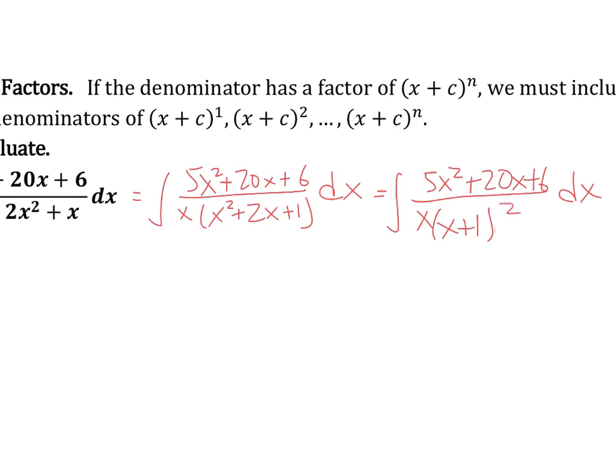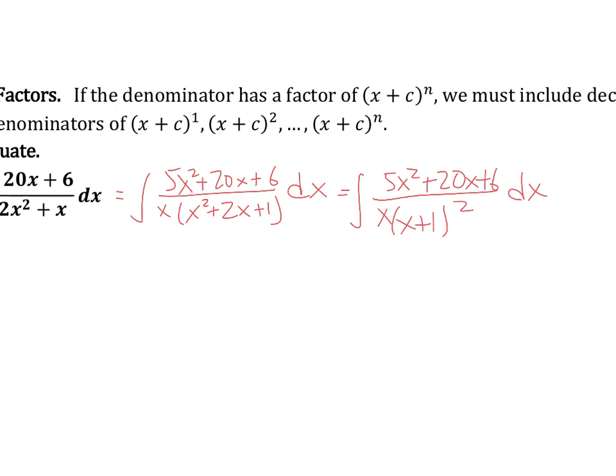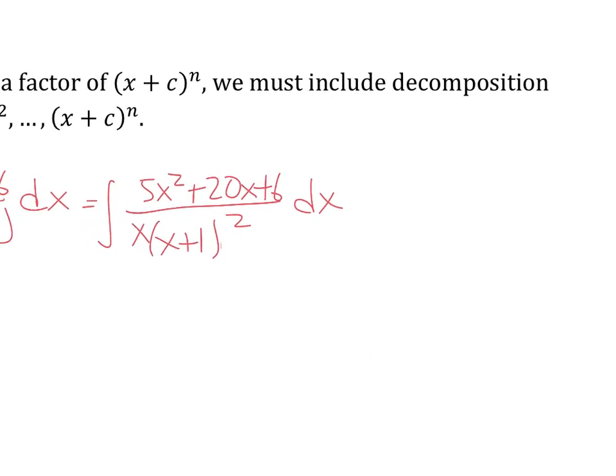Great. Well, now we have it all broken up. We're going to take that fraction and break it up into multiple fractions using our partial fraction decomposition. We're going to shoot for 3 fractions, actually.